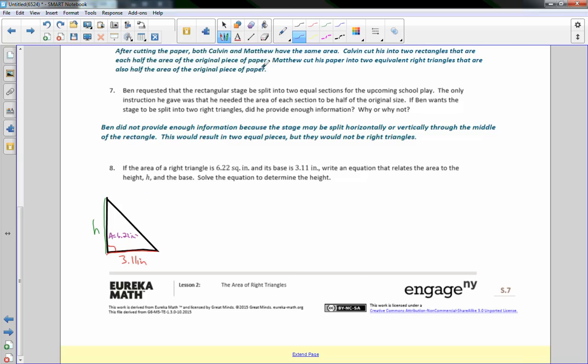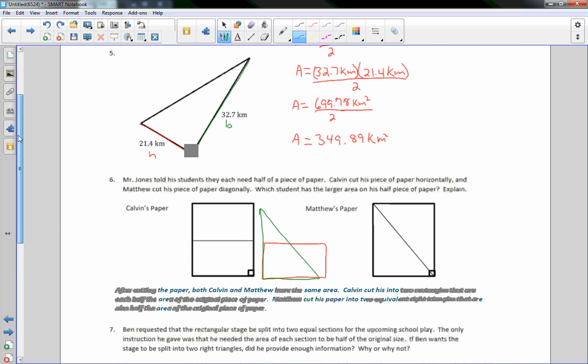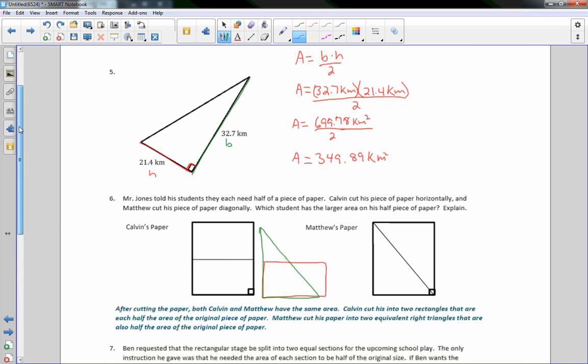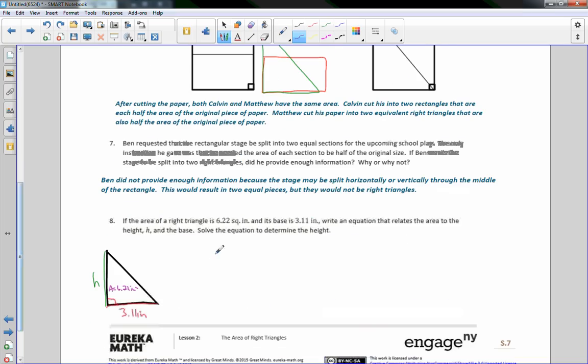So I know the whole area is 6.22 inches squared, and I know the base, but I don't know the height. Well, that confuses a lot of students, and that's why I highly recommend writing the formula every single time. Just like up here, area equals base times height divided by 2. So step 1, if you follow these rules, it makes it so much easier. You write the formula, area equals base times height divided by 2. Substitute in your givens.